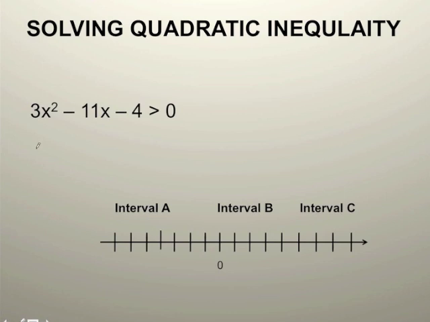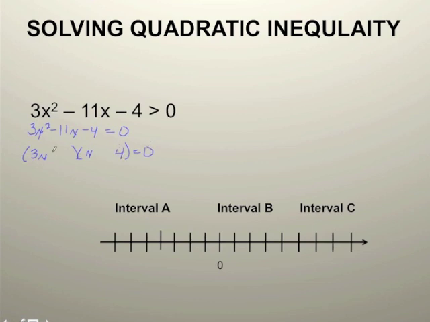Do that again. This time, we'll make the equation x squared minus 11x minus 4 equals 0. I think I can factor it. 3x and x.